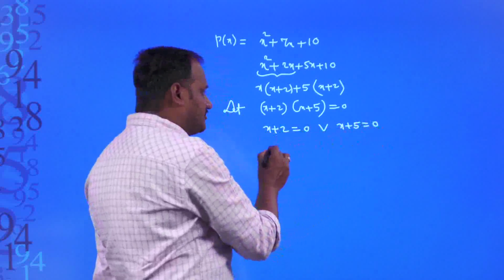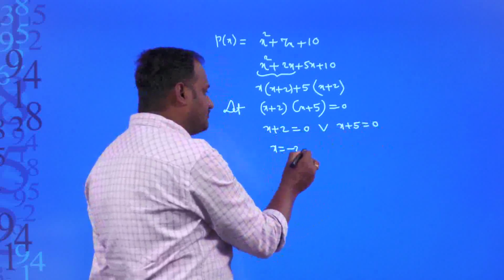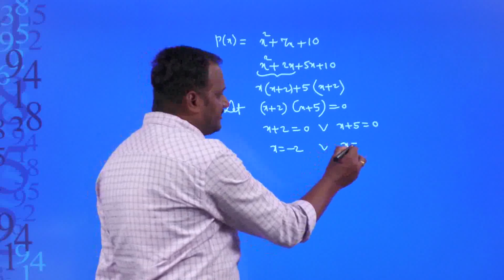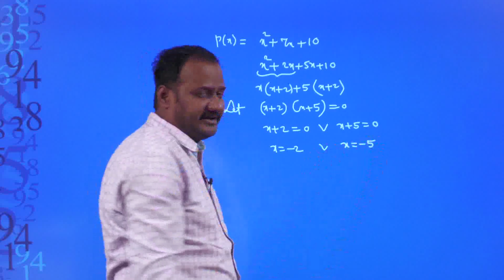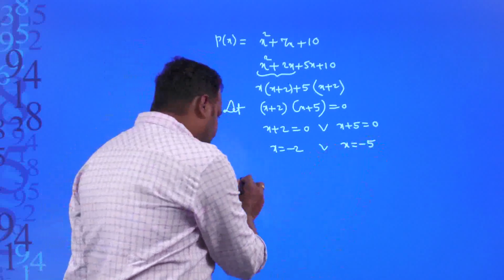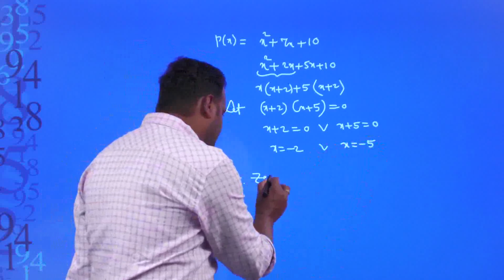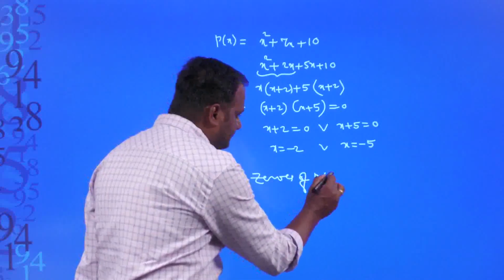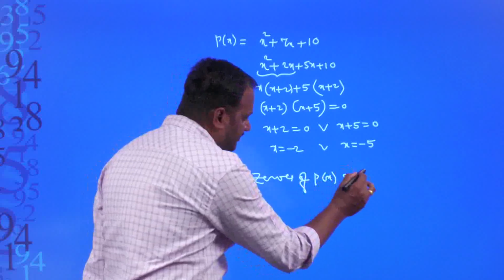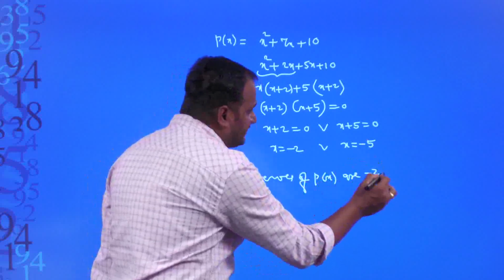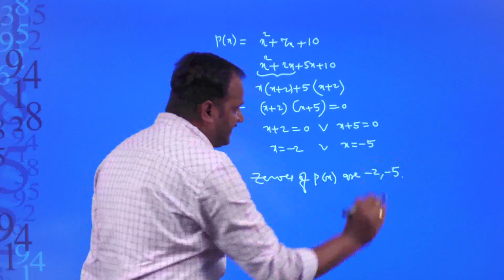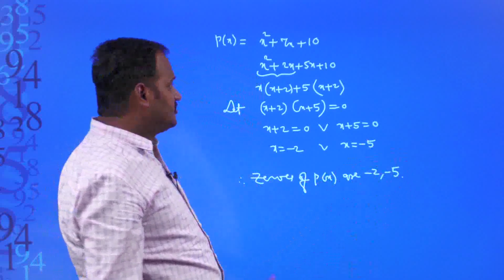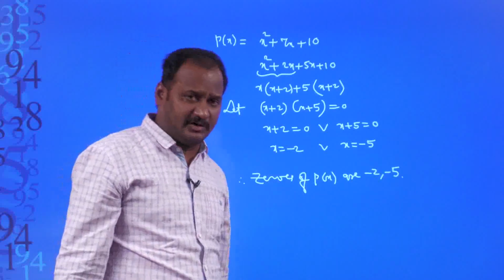If x plus 2 equals 0, x is equal to negative 2, and if x plus 5 equals 0, x is equal to negative 5. Therefore, zeros of p of x are, first zero of the polynomial is -2 and second zero of the polynomial is -5, right. So, this is the way of finding zeros of the polynomial.